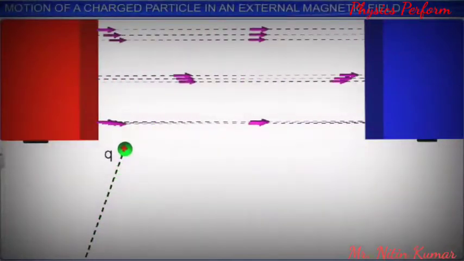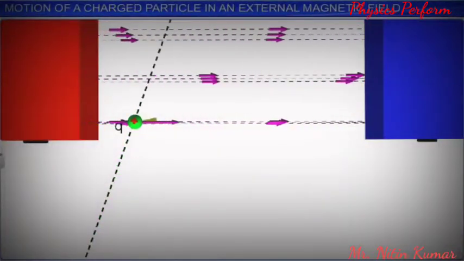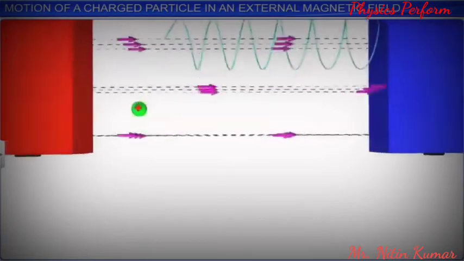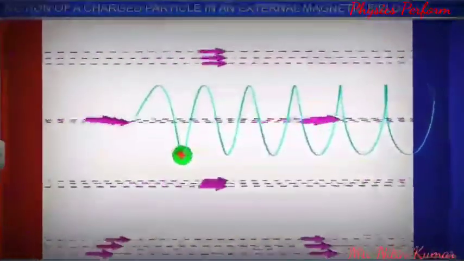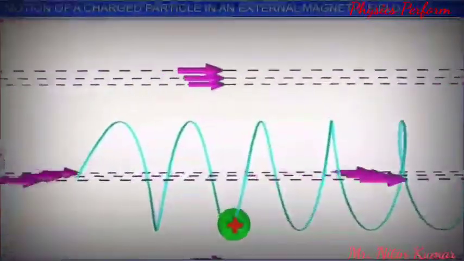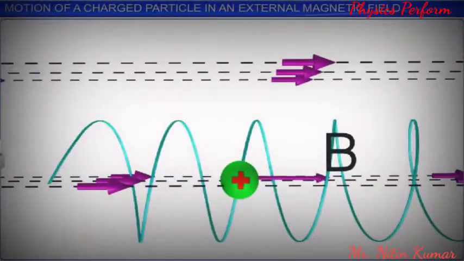Now, consider that the charged particle is projected at an angle theta to the uniform magnetic field, which is anything other than 90 degrees. In this case, we need to resolve the velocity into two components.